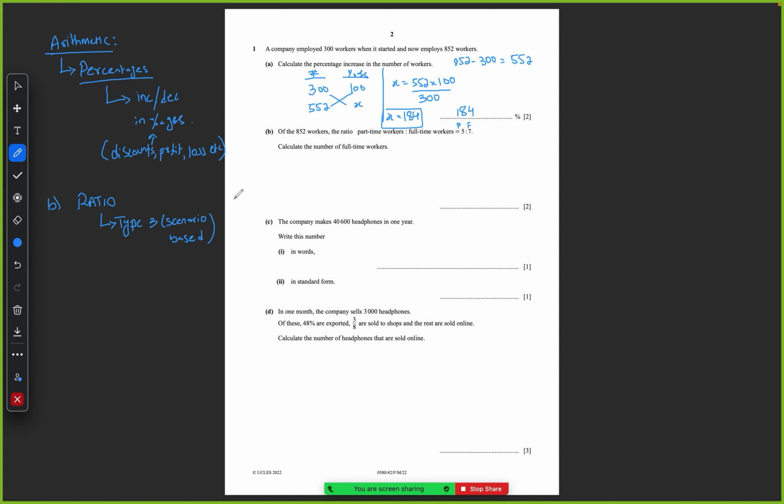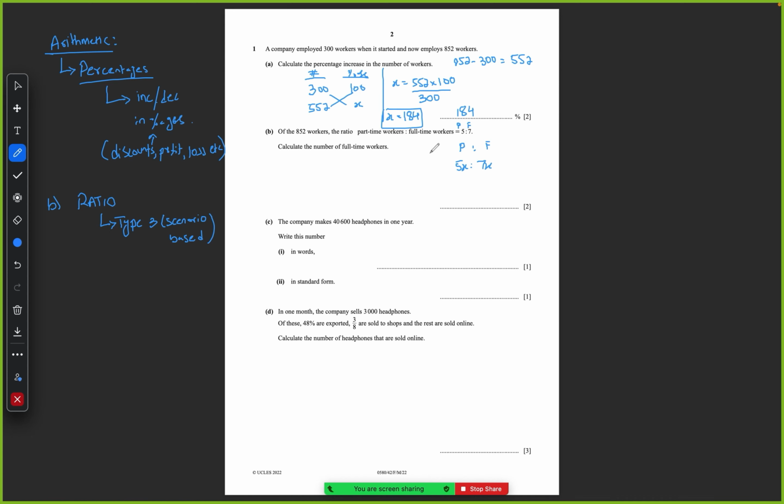So what we used to do in such questions is that if it's 5:7, that means originally, because the ratio is a simplified version, the part-time workers were 5x and the full-time workers were 7x, because after that we took the ratio and we crossed out this x, and it became 5:7. So originally it was 5x and 7x. Let's have a look at the information that is provided to us.